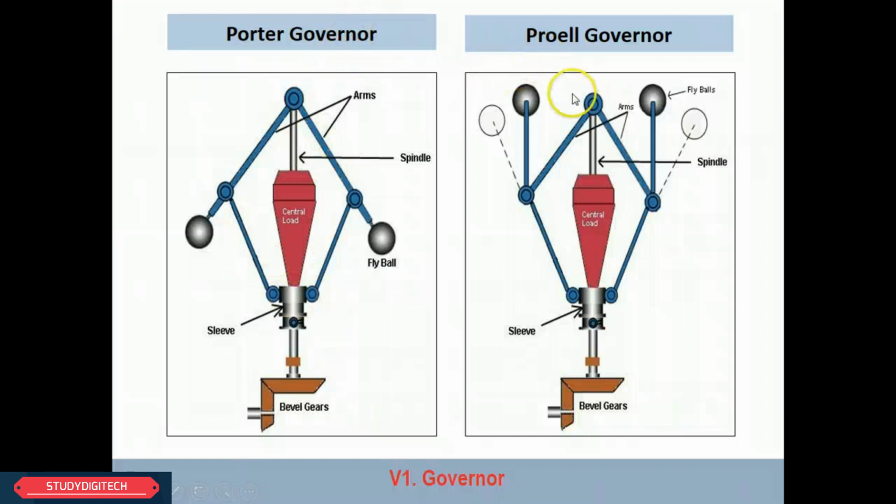The second type of dead weight loaded governor is the Proell governor. The Proell governor is again a modification of the Porter governor. The only difference is that it consists of fly balls which are connected by using an extended arm. These are the two extended arms on which the two fly balls, that is masses, are placed. So this is about the dead weight loaded governors.